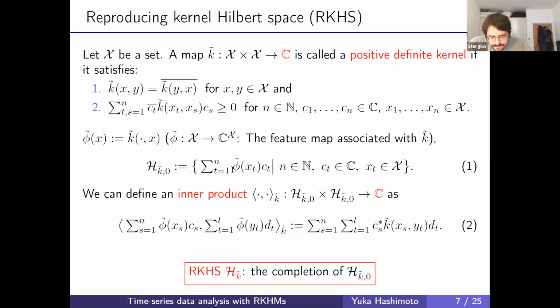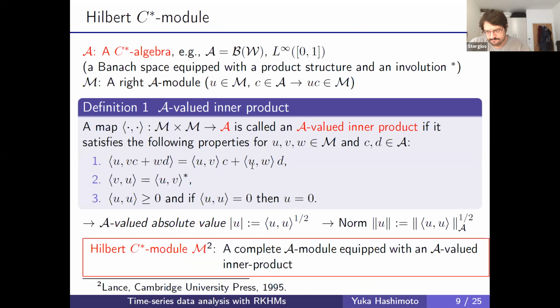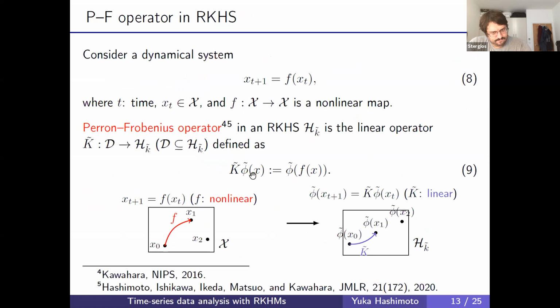So then in this case, we can choose D as this space, this pre-Hilbert space. And so by choosing, and in the case of these vectors are linearly independent, this Perron-Frobenius operator is well defined.